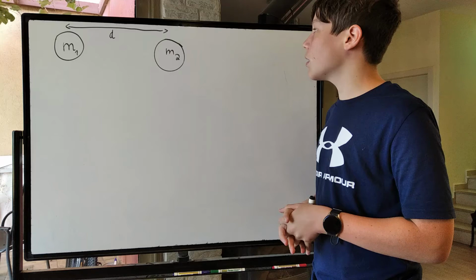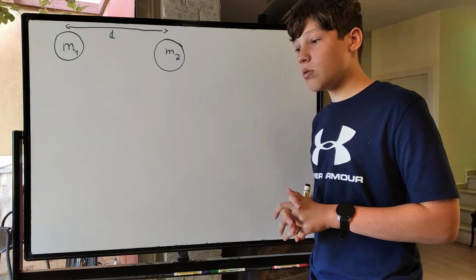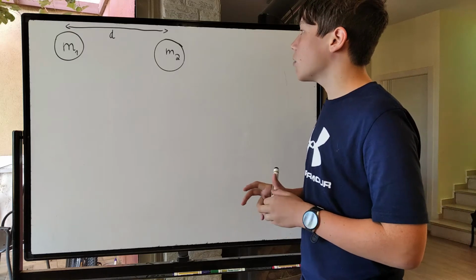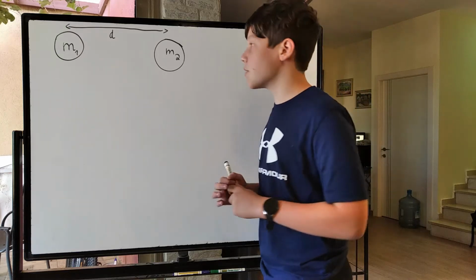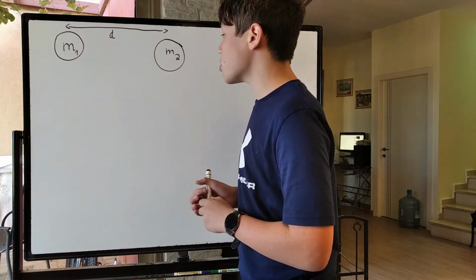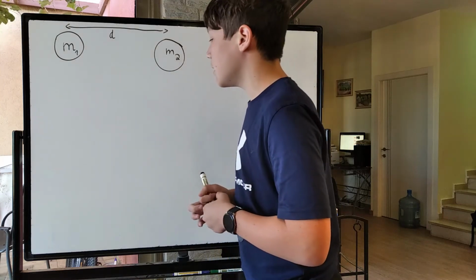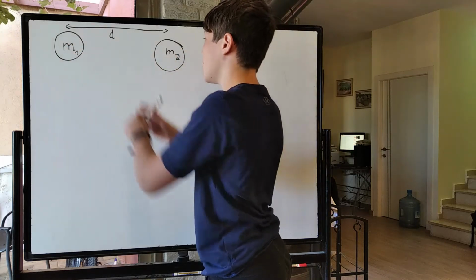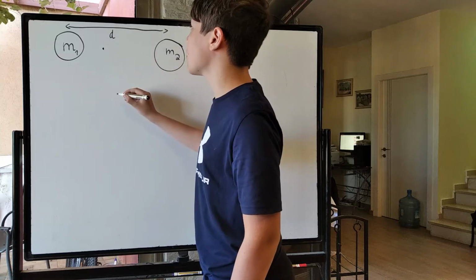So the first thing we're going to do is figure out how much distance, say, m1 is going to pass from when they begin till when they meet together. So let's say they meet at this point here.